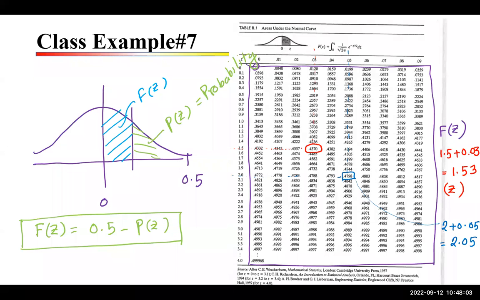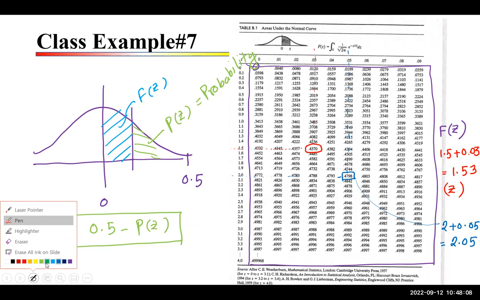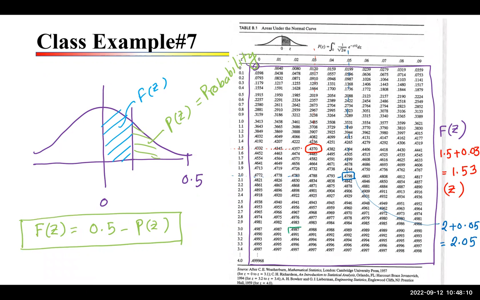Okay. Let's do one more practice. This time, this one. Tell me what the Z value will be. Three plus. Are we good up to this point? How to read this table? Because we will need that. Okay, that's good. And we also know Fz equals 0.5 minus Pz.